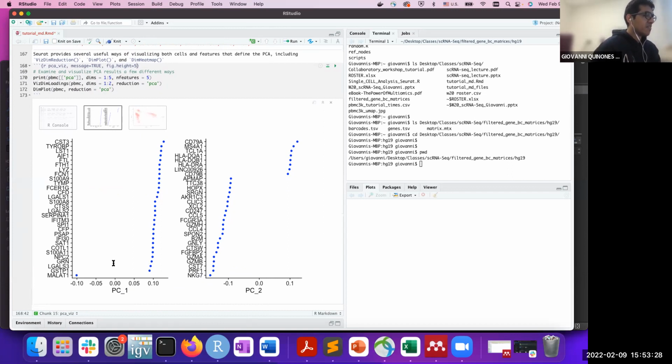Before, they had a value in terms of normalized scaled expression, but now they have a value in terms of PC. For PC1, they have these values, some positive, some negative. For PC2, they have these other values.